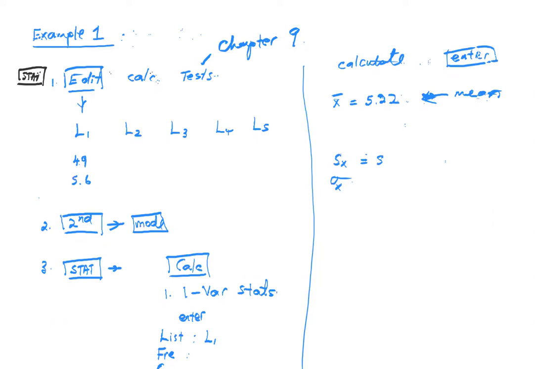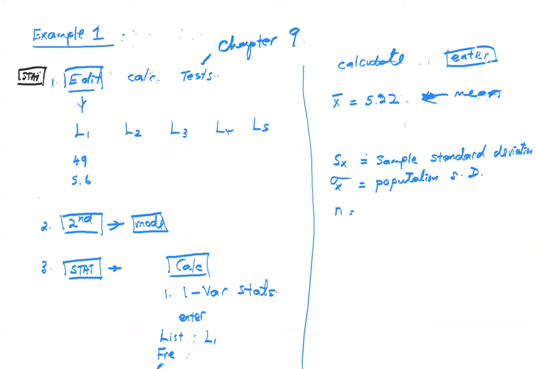I will tell you tomorrow. Because your calculator won't know whether what you key in is a sample or a population. You yourself have to decide. So this is the population standard deviation. Then they tell you the N.